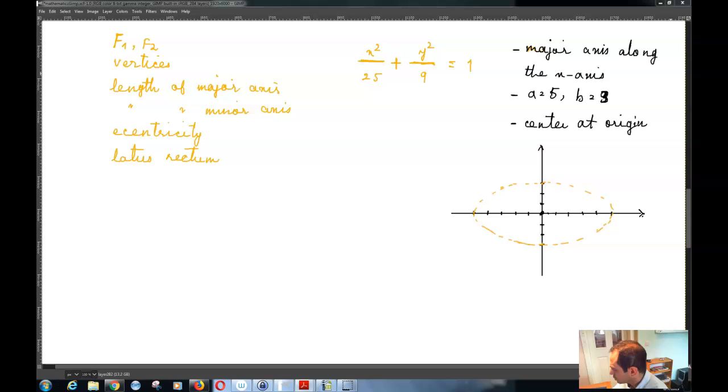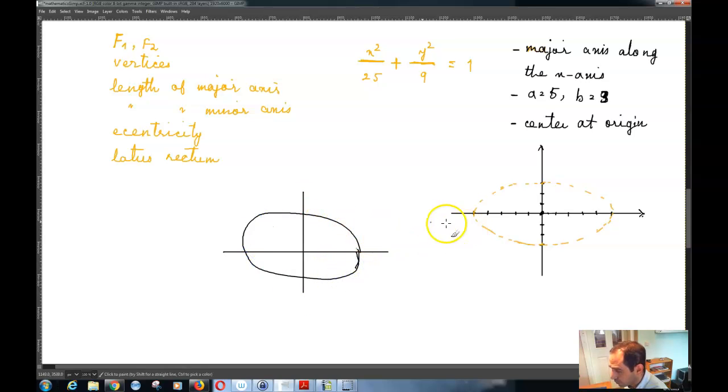If the major axis is along the x-axis, then this distance is a, and this distance over here is b.